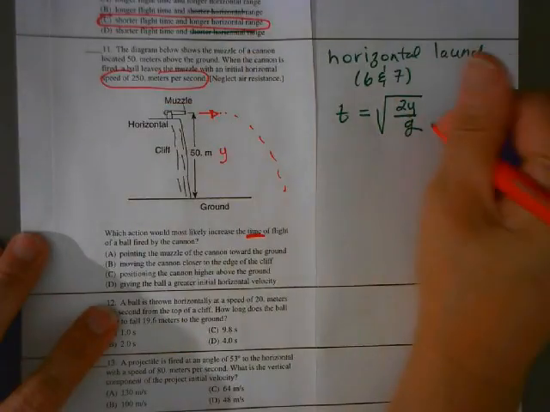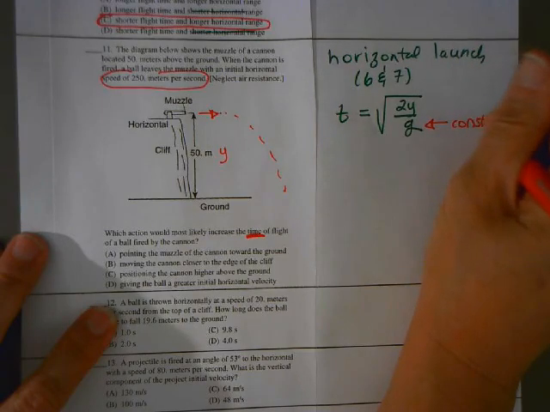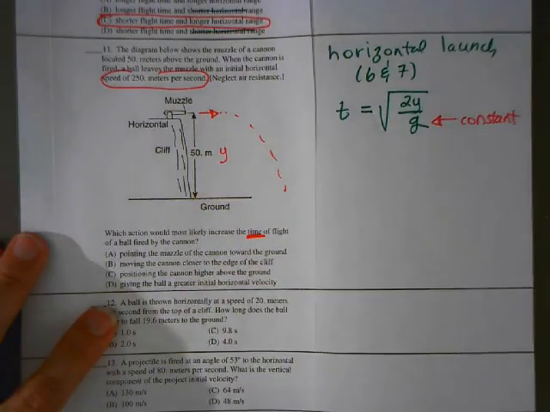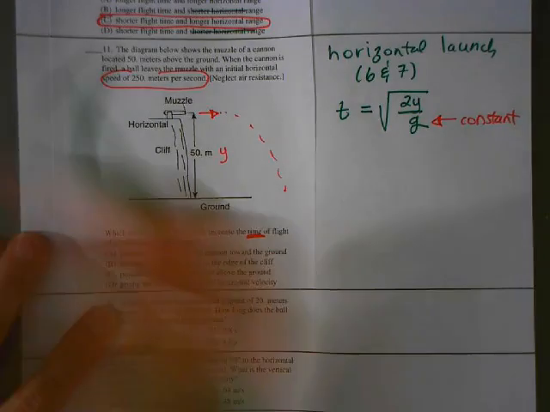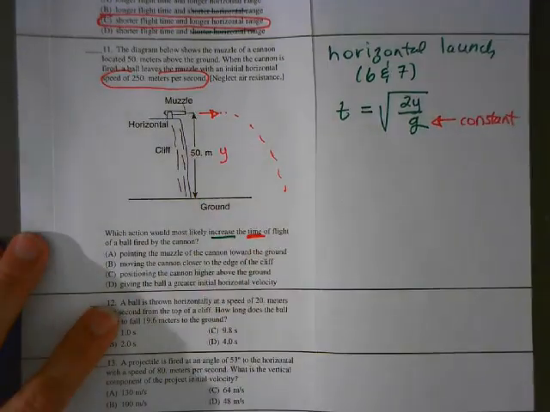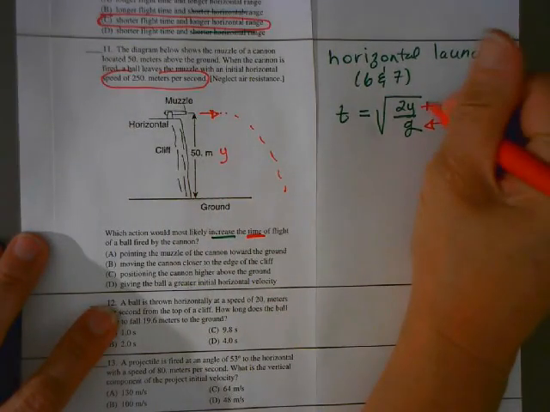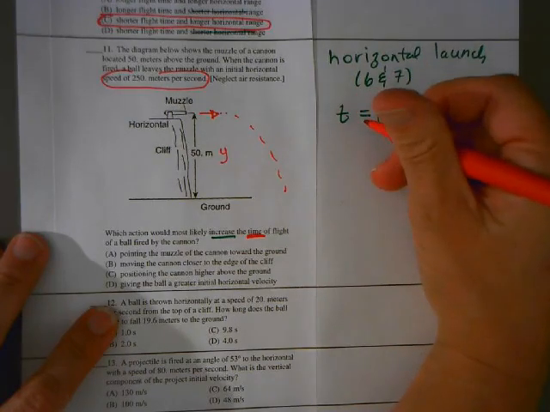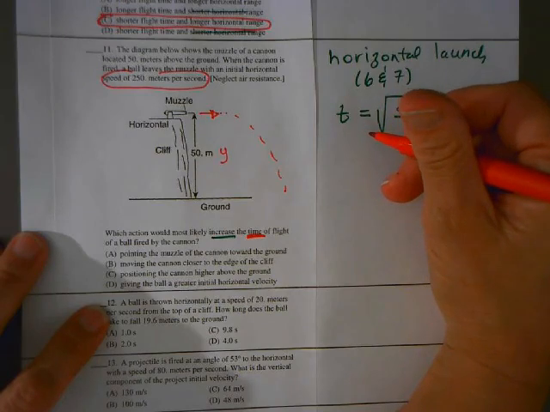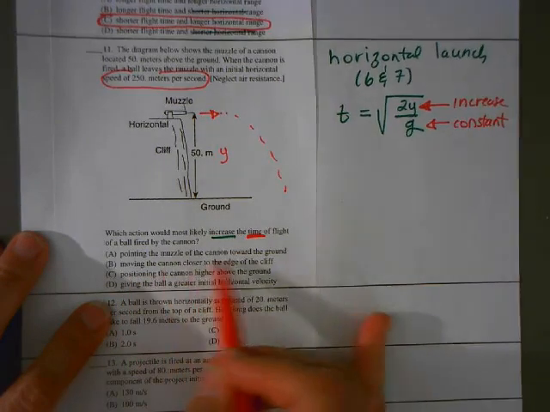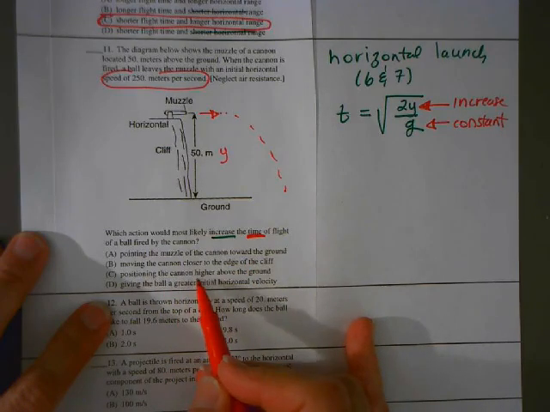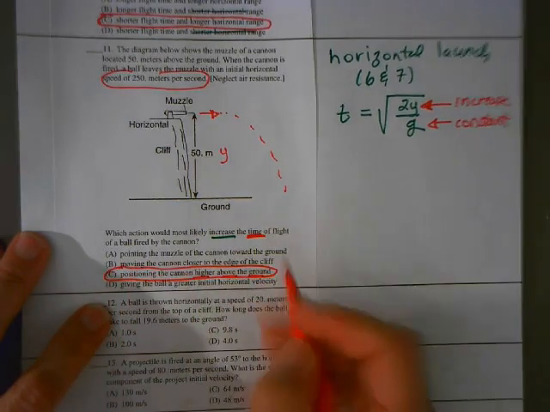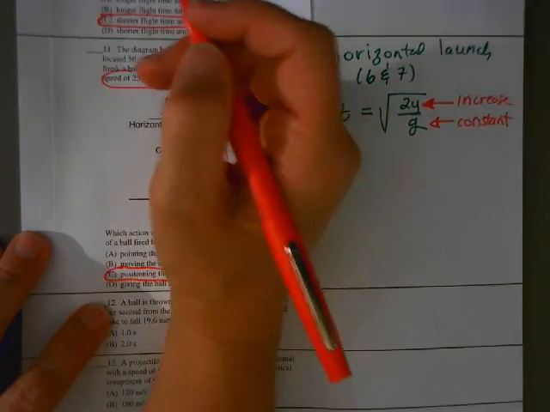We know the acceleration due to gravity is constant, so the only thing that would increase the time would be the height above the ground. If y increases, then T would have to increase. So the answer says positioning the cannon higher above the ground, because that is y. So the answer to number 11 is C.